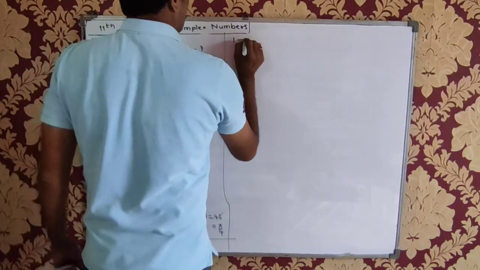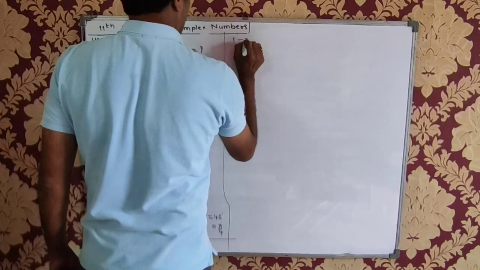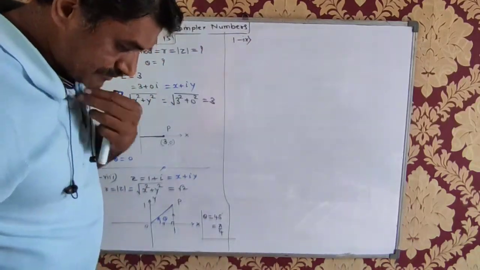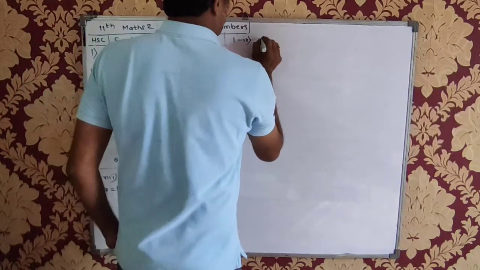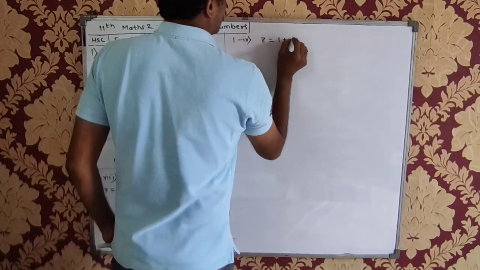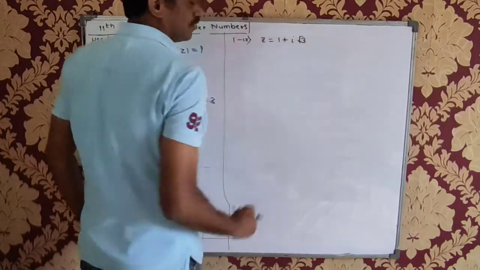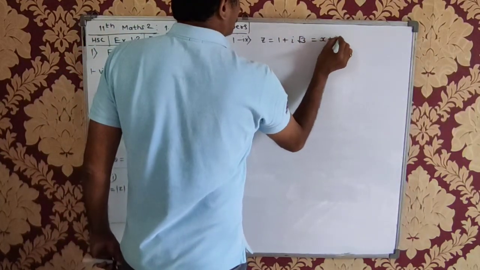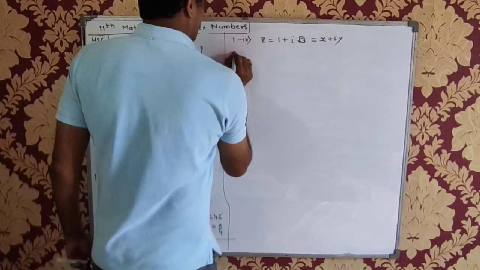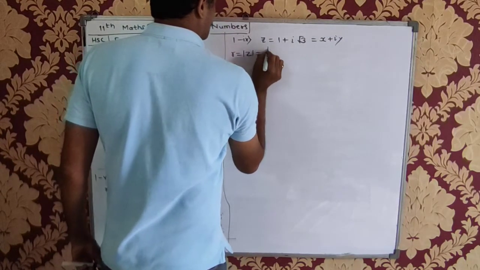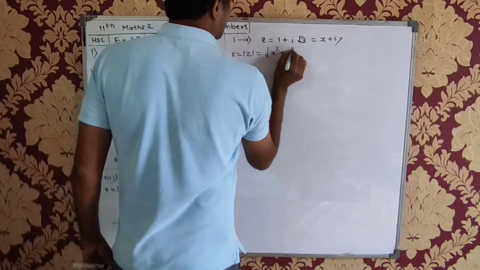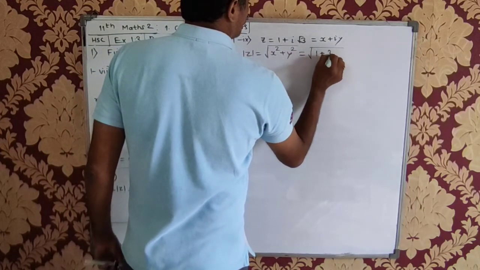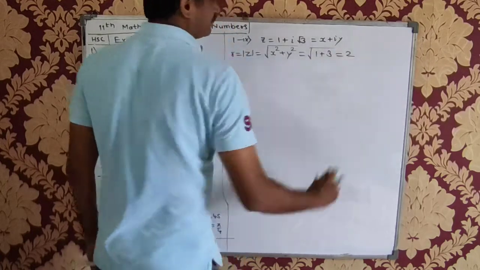Question number 1, subpart 9. Z is equal to 1 plus i root 3, that is equal to x plus iy. So r is equal to mod of z, which is the square root of x square plus y square, equal to the square root of 1 plus 3, which is 4, so it's 2.